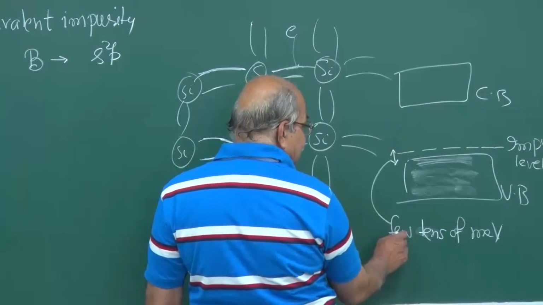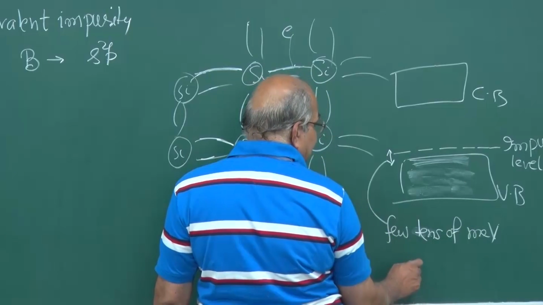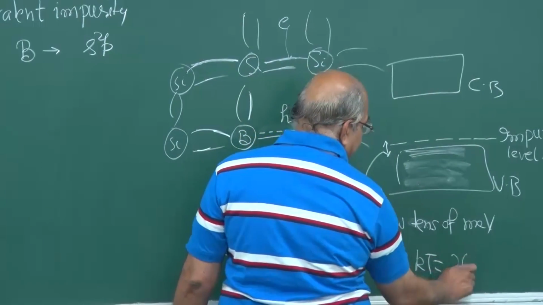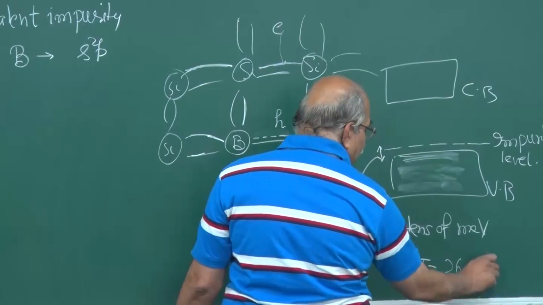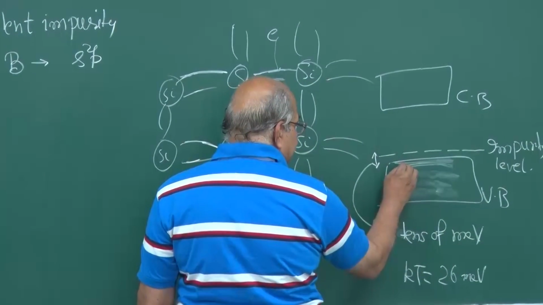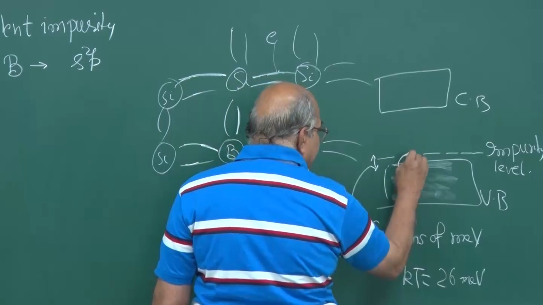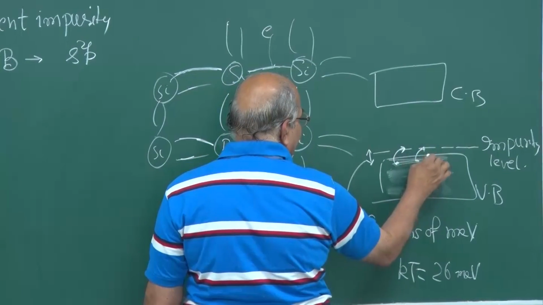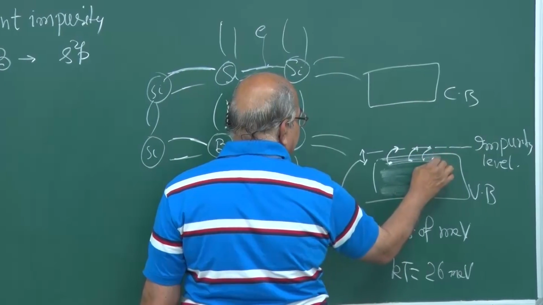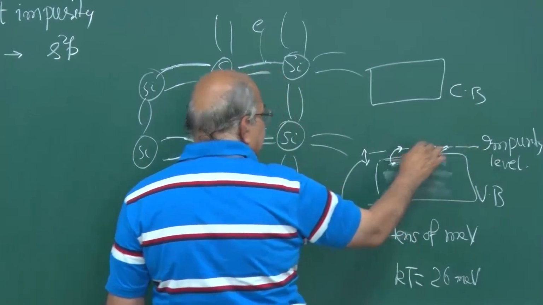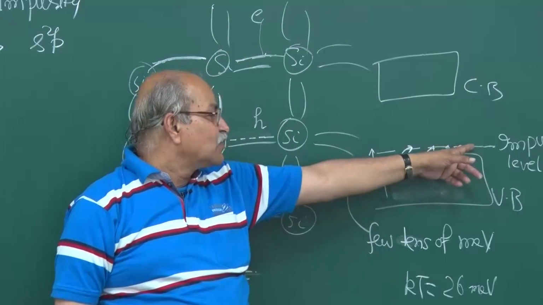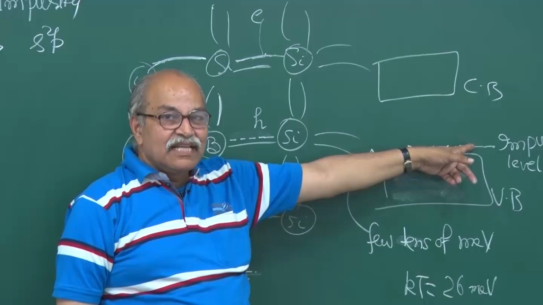And since this is only a few tens of meV and kT is 26 meV, very easily through thermal interactions, these valence electrons will fill these empty states. There are many quantum states, although the energy is the same, and it's not broadened also. It's quite a sharp energy level here.